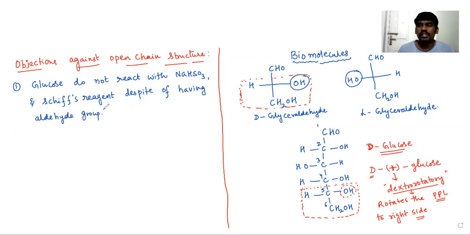As we know, glucose has aldehyde as a functional group. Though it has the aldehyde functional group, it is not giving some characteristic reactions of aldehydes.